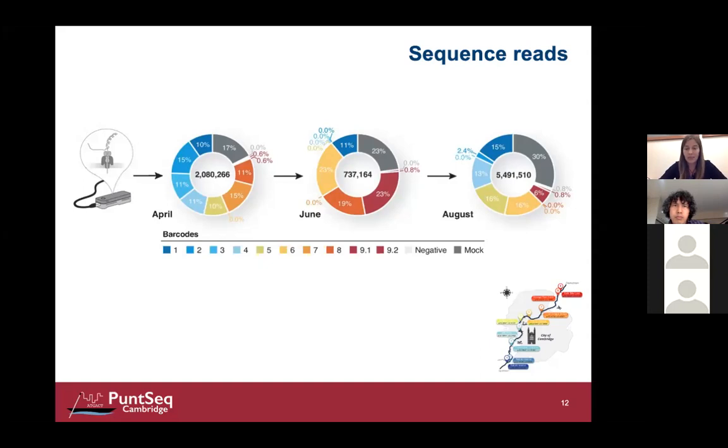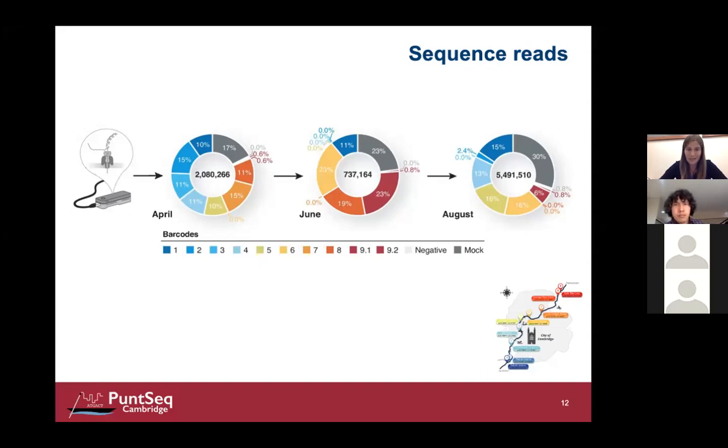We also think that the flow cell type, the 9.4.1 that we used at that time, might have been a bit more variable and unstable than the nowadays version 10 flow cells that are supposedly a lot more robust.